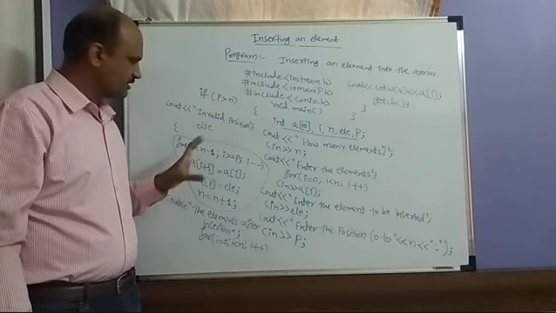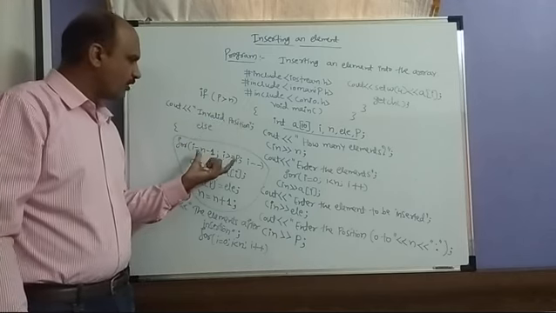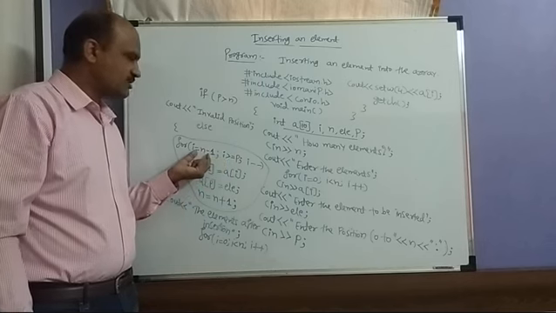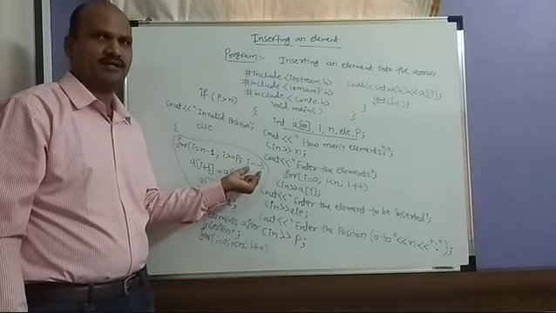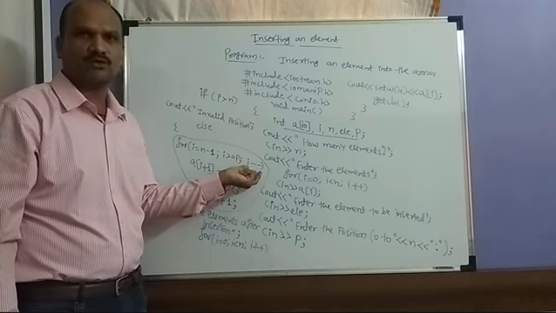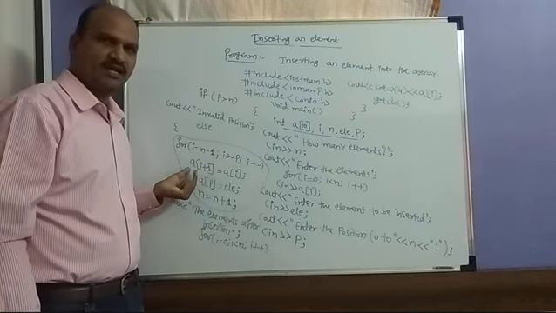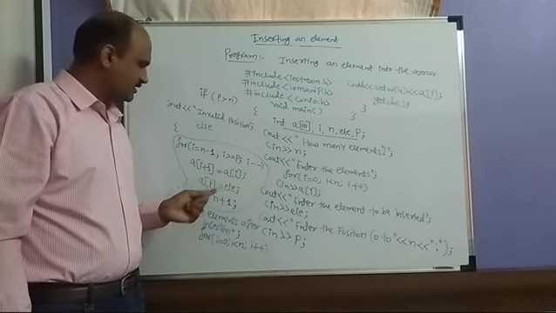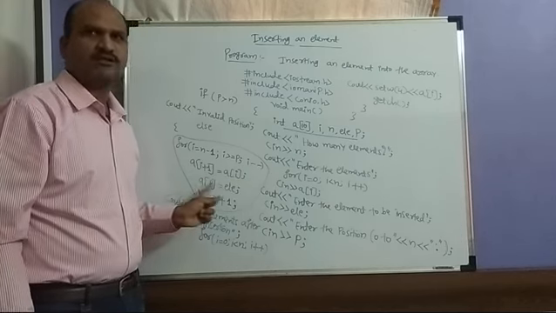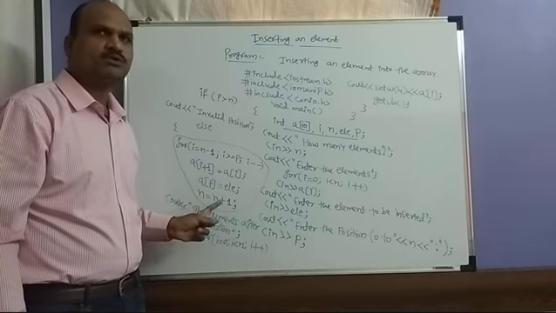So this is basic. Next, if P is greater than n, so position is greater than n, automatically it will be an invalid position. Else, what you have to do is the algorithm you wrote: for I is equal to n minus 1, I greater than or equal to P, then I minus minus, from n minus 1 down to P. Then A of I plus 1 is equal to A of I, then the particular position gets the element, then n is equal to n plus 1.